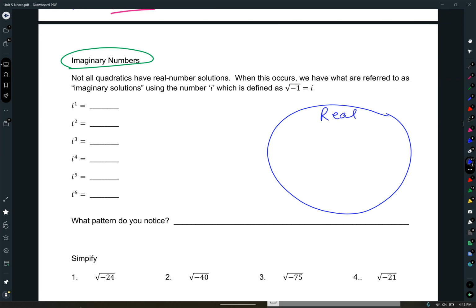Okay, these are all the real numbers. Now, you might have integers, right, which are like positives and negatives. Just say positive, negative 10. You might have fractions, right, like say, 2/3. Those are considered real numbers.